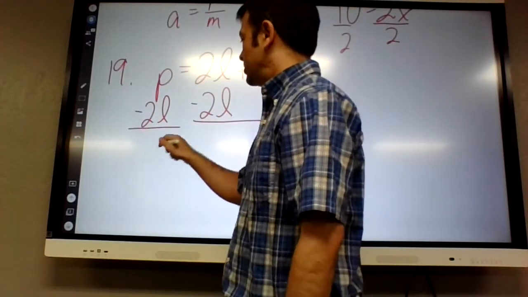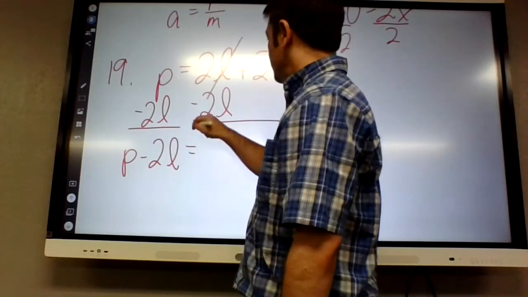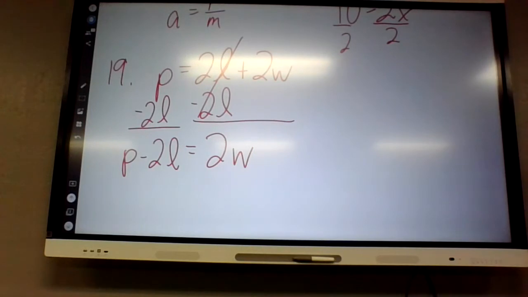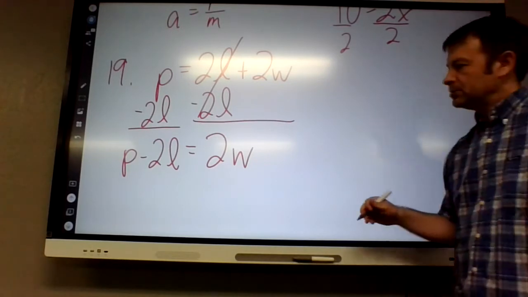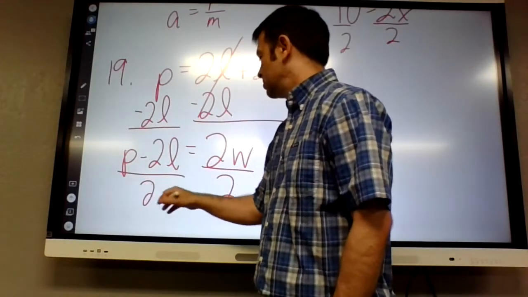It's supposed to be a cursive L. P minus 2L equals, that goes away. Okay, and then how do I get rid of the 2? Divide by 2, divide by 2.